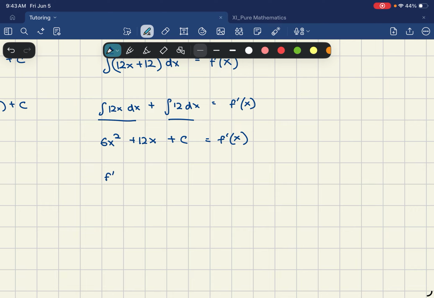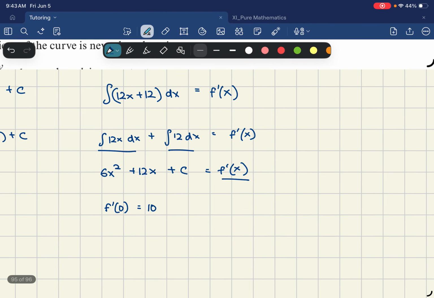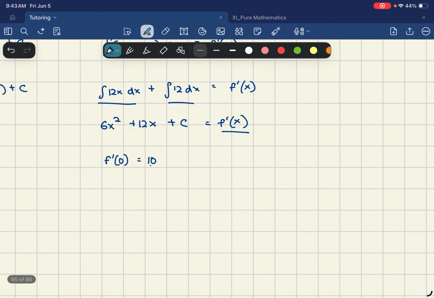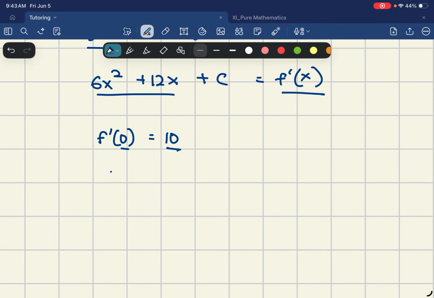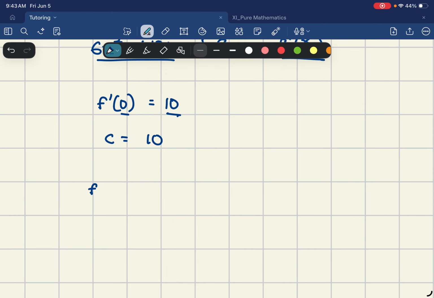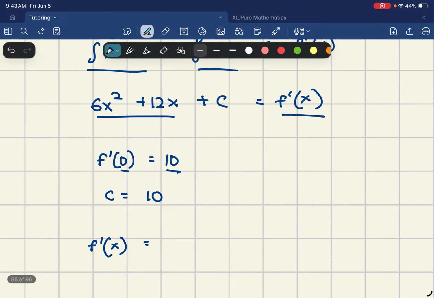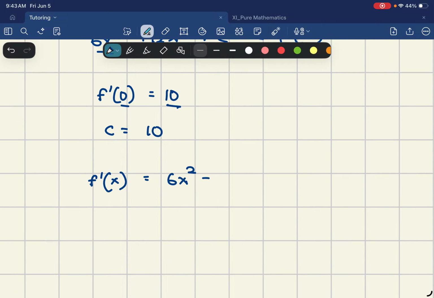So f dash of 0, which is dy by dx, is equal to 10 when x is equal to 0. Substitute 0 here, and you will see that c is just going to be 10. So your first derivative, f dash of x, is given by 6x squared plus 12x plus 10.